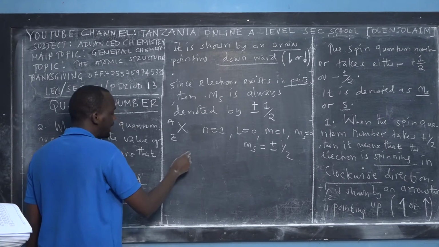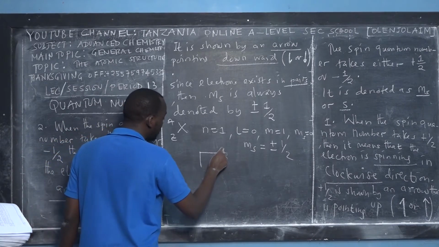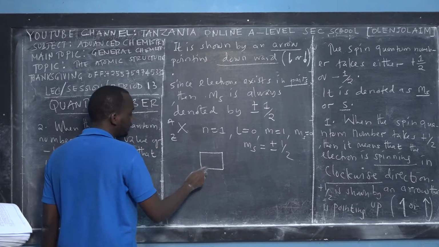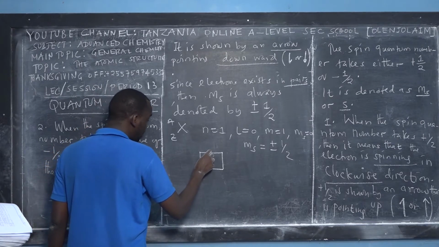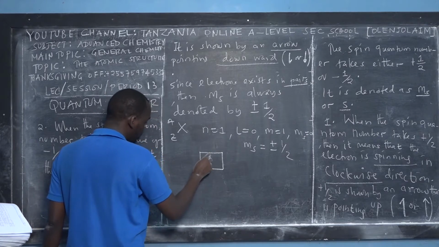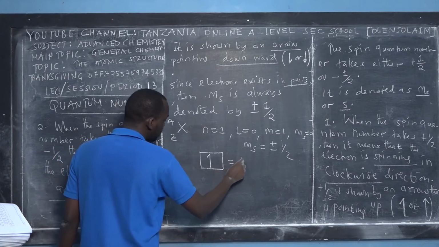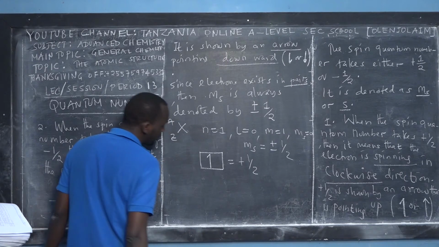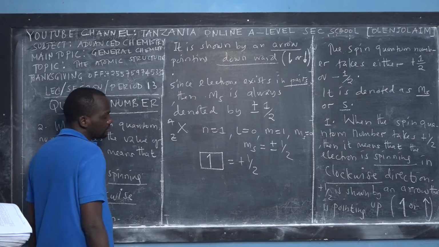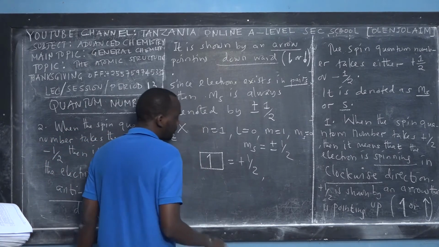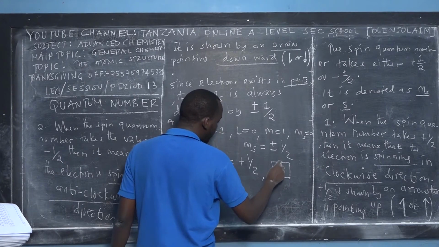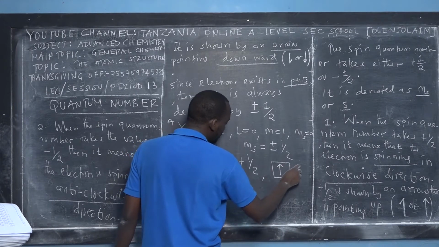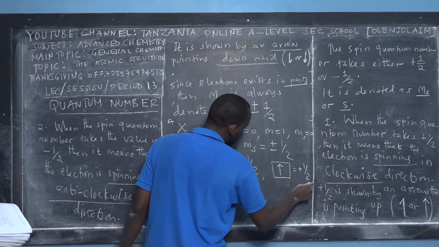So it means that when you have an orbital, which we present by using the square bracket, for positive a half, for example, we will be using this notation. So this means that this is positive a half spin quantum number. Or if in the orbital we have a full arrow pointing up, this also is equal to positive a half.